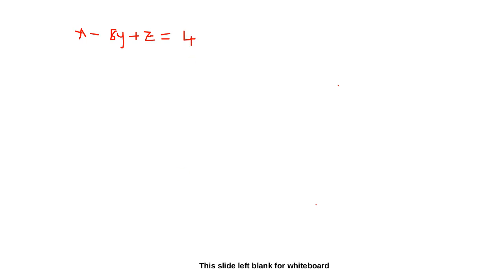Then the other one will be negative x plus 2y plus z, then this we equate to 2.